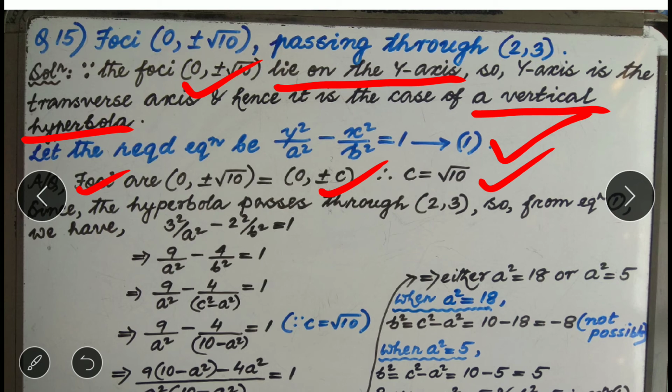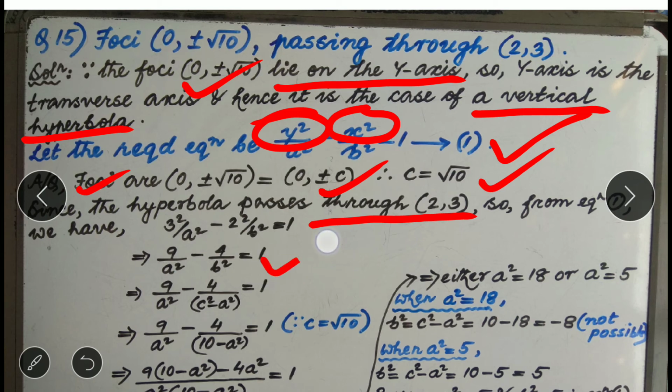Now, next step, we are going to use the second condition. It is mentioned in the question that the hyperbola passes through 2, 3. So, what we are going to do is that in equation 1, we are going to put in place of x and y these values 2 and 3. So, thereby we get the equation 9 by a square minus 4 by b square equals to 1.